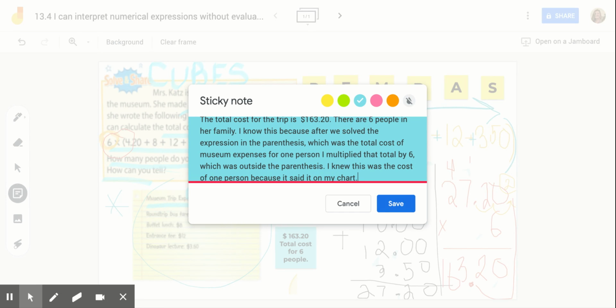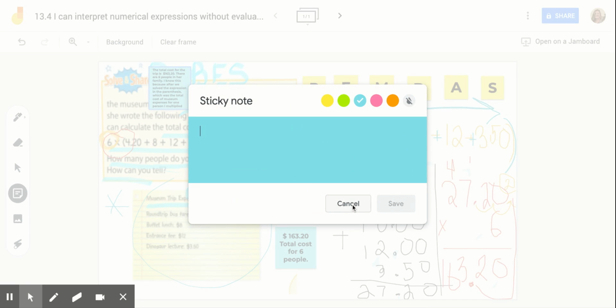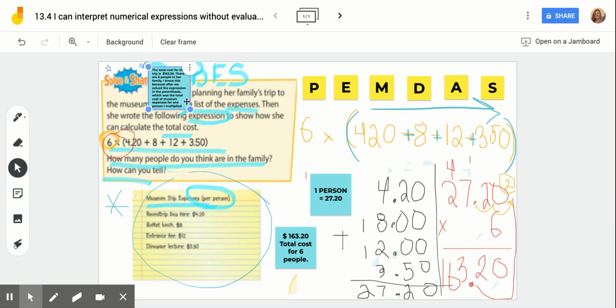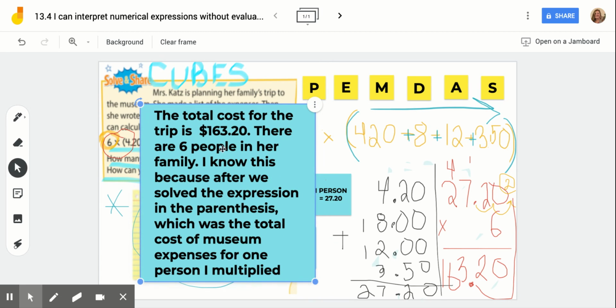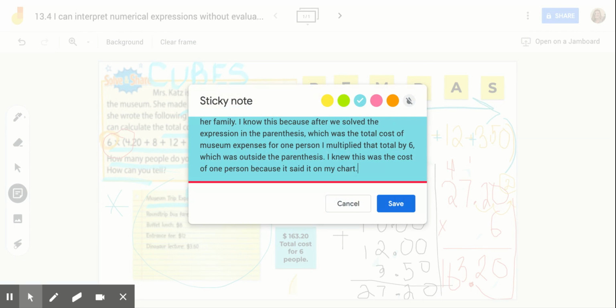Let's enter that, see if it makes sense. The total cost for the trip was $163.20. There are 6 people in her family. I know this because after we solved the expression in the parentheses, which is the total cost of the museum expenses for one person, I multiplied that total by 6, which was outside the parentheses.